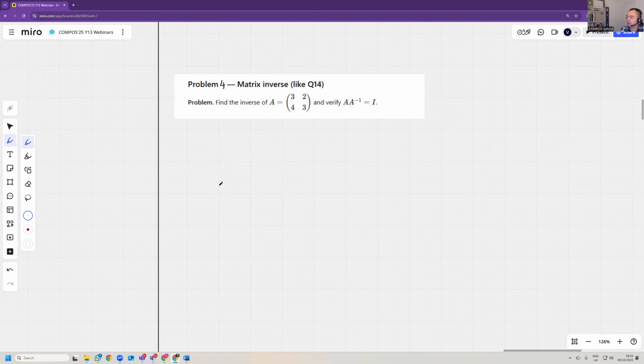I tend not to use the formula. I really don't like it. I mean, for a 2 by 2 matrix, you would obviously use the formula. You don't need anything else. But I'll show you a different method. It can look complicated, but for bigger matrices, it's actually simple.